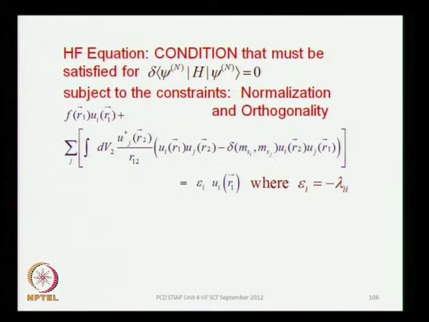We do so by using the variational technique, by seeking an extremum of the expectation value of the Hamiltonian in the antisymmetrized wave function, subject to the constraints of normalization and orthogonality. The condition that emerges is what we call the Hartree-Fock equation, which is actually a family of n coupled integro-differential equations.